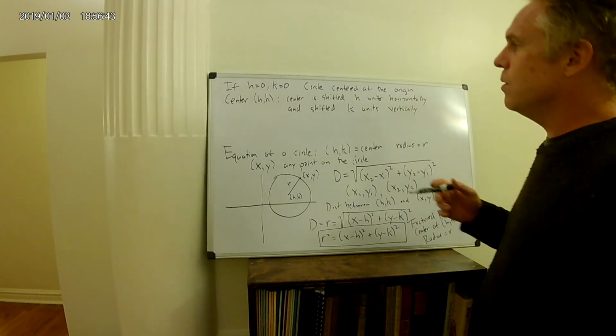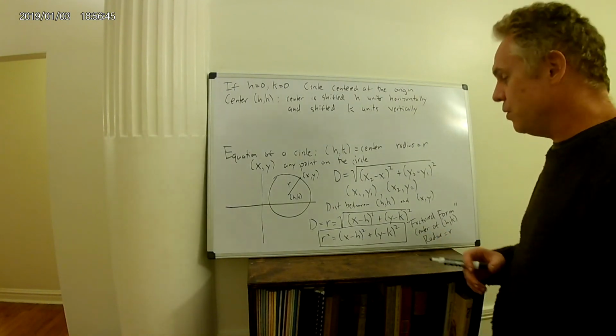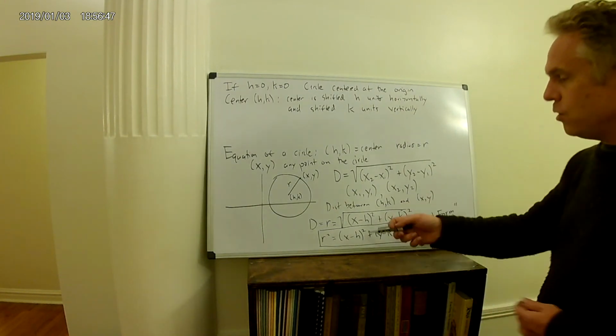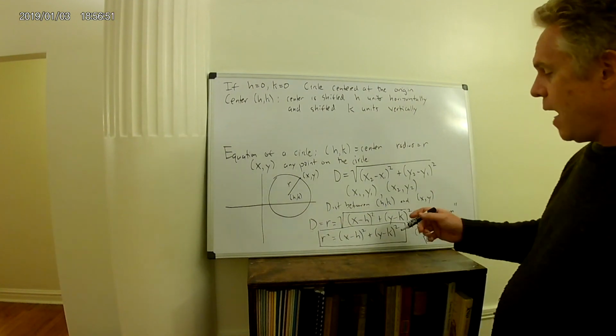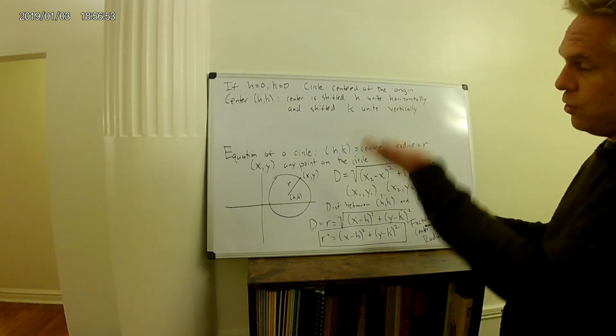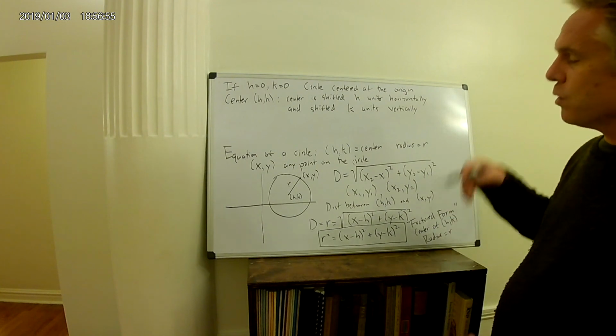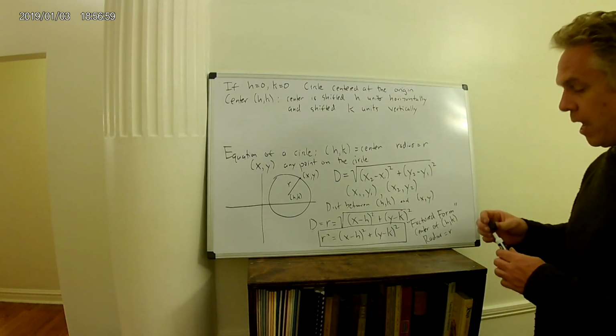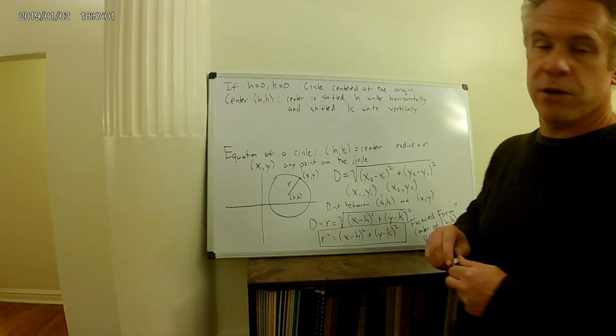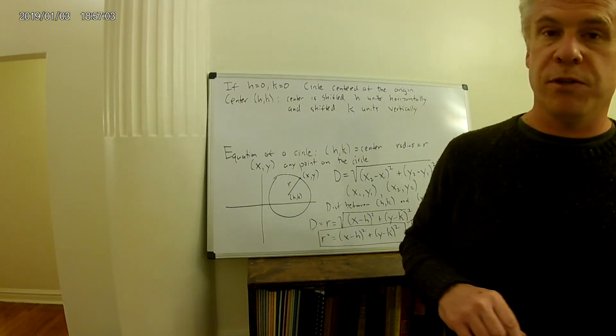And keep in mind, the direction of the shift is opposite to the sign. And so if h is positive, that means your circle has shifted to the right. And if k is positive, that means your circle has shifted up. So anyway, just keep that in mind. The shift is opposite to the sign. Okay, in the second part of the video lecture, we're going to do 3 example problems involving circles.